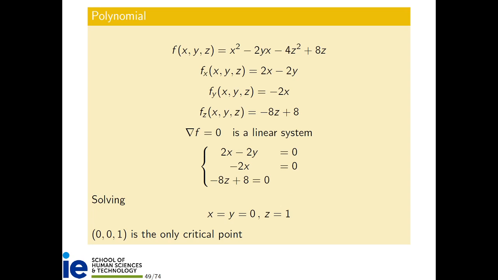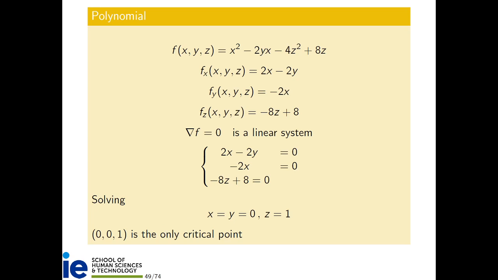Now I can solve this system of equations using any method that you like, and one can show that the solution is x and y equal to 0 and z equal to 1. So the point 0, 0, 1 is the only critical point.